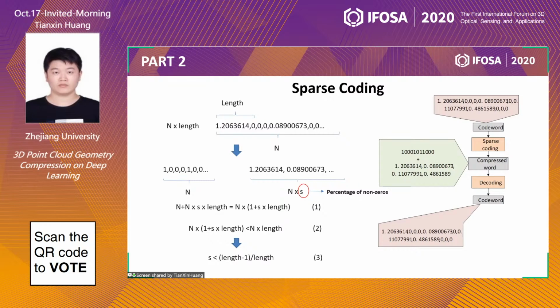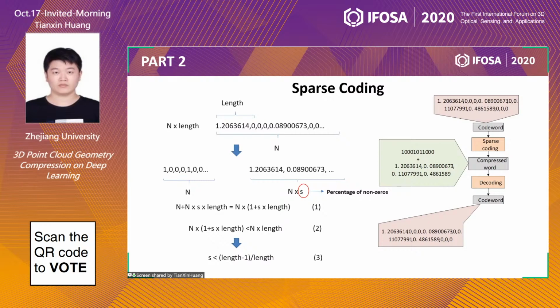If we describe the memory of a single number with length and the percentage of non-zeros with s, the memory of words after sparse coding will be like in Formula 1. And the condition that sparse coding works can be shown in Formula 2.